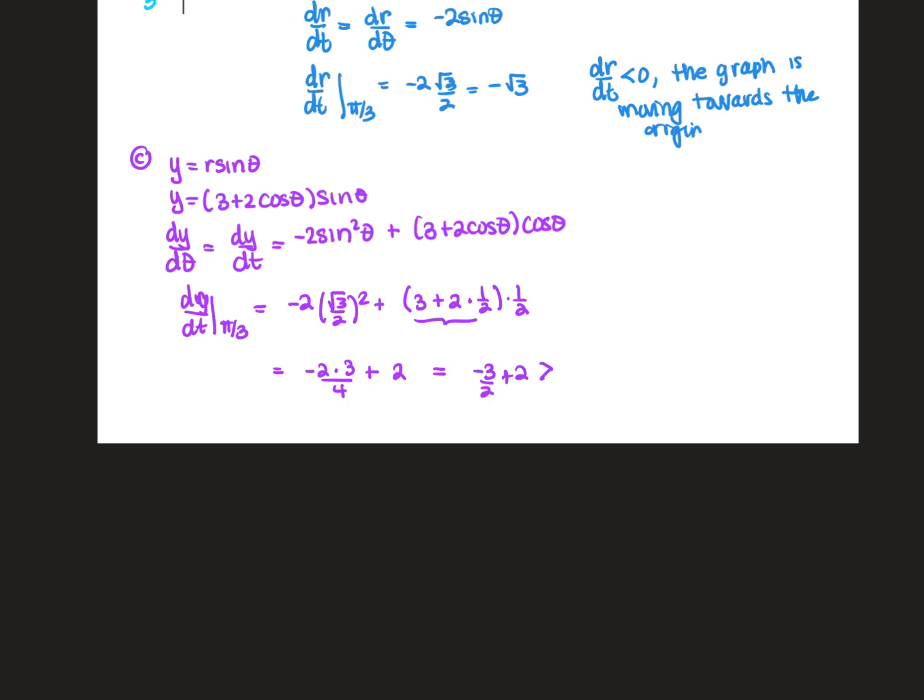I know this is greater than 0. Since this is greater than 0, we know our particle is moving up. So since dy/dt is greater than 0 at theta equals pi over 3, the graph is moving up, or away from the x-axis.